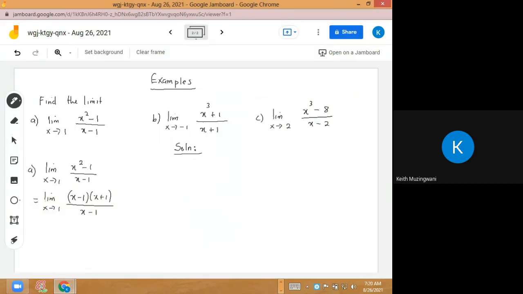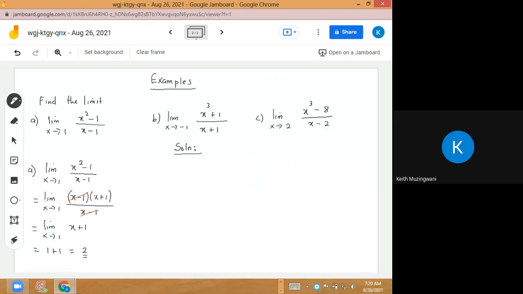So that here you will see that this piece and this one will cancel, and then we'll have the limit as x goes to 1 of x plus 1. Now we can substitute. Where there is x, we take 1, so 1 plus 1 is equal to 2. This becomes our limit.